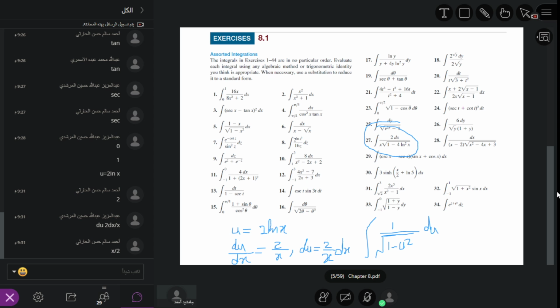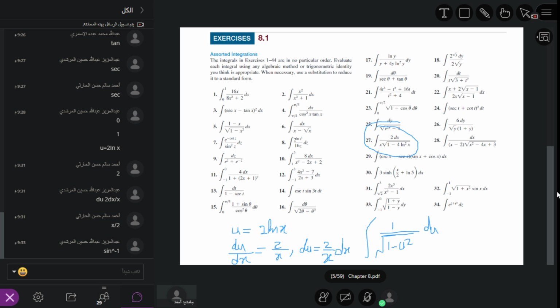In the last class we discussed the integral of 1 divided by the square root of a squared minus x squared, which is equal to sine inverse of x over a.